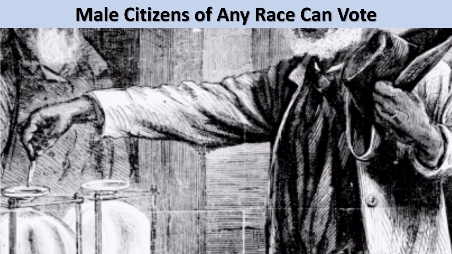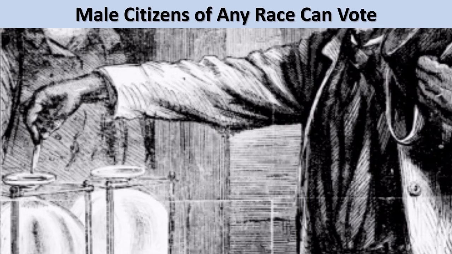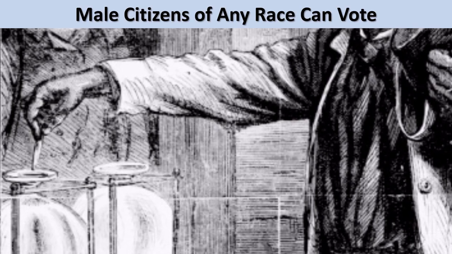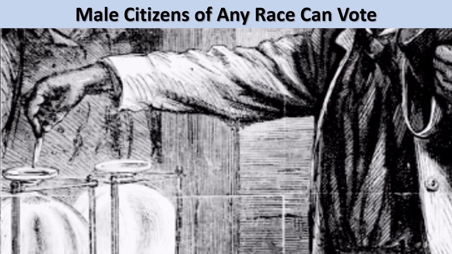Use of unfairly designed literacy tests and poll tax requirements prevented many working-class Americans of all races from voting, but these schemes had a disproportionate impact on African Americans. For many decades, Black people in the U.S. were largely denied meaningful representation in government.